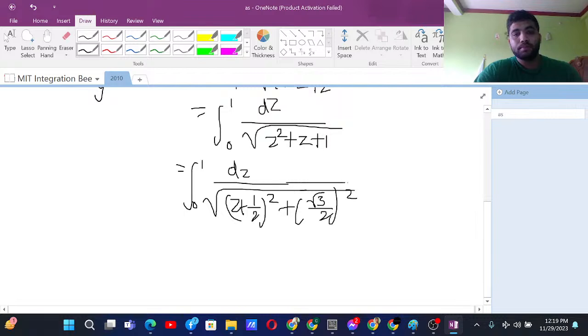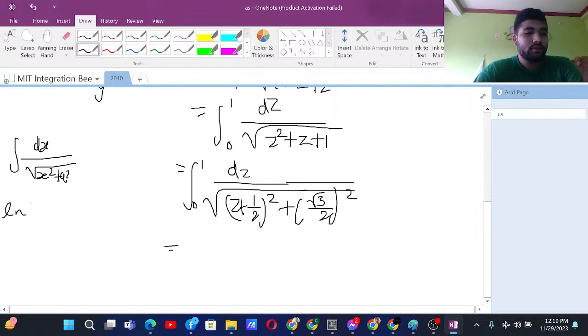So now the formula for the integral dx by root under x square plus a square is ln of x plus root x square plus a square.